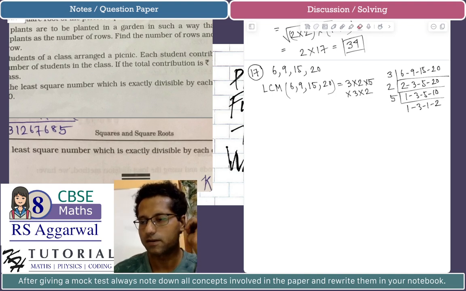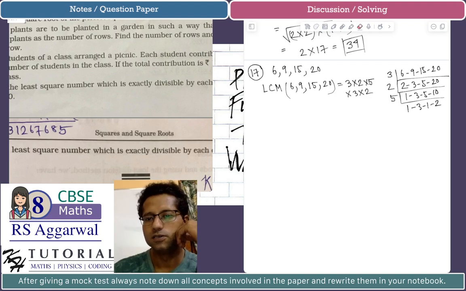Now we have to make that a square by multiplying with the least number.